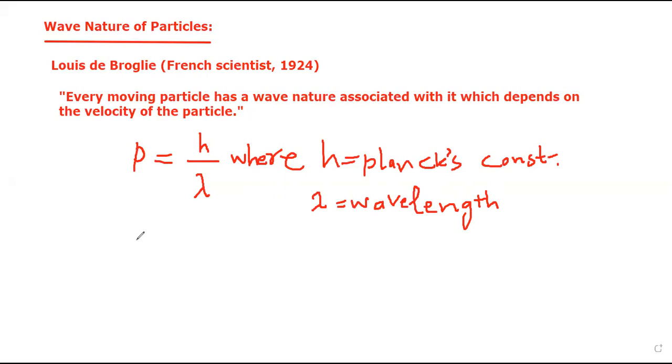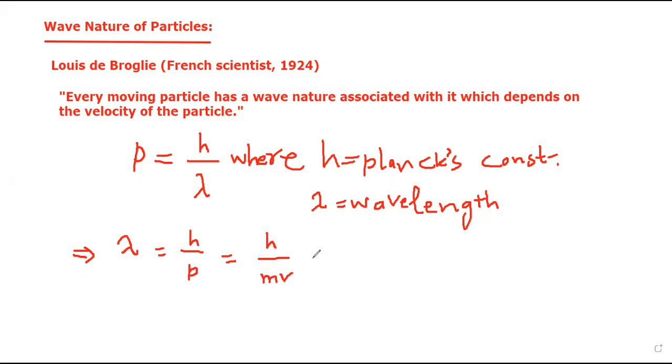Now we can write this equation in another form by cross multiplying: lambda is equal to h by p, that is, Planck's constant divided by the linear momentum of the particle. Now we know that the momentum is equal to mv.